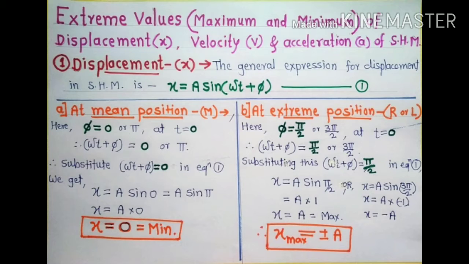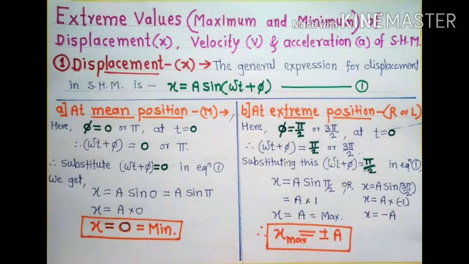Therefore omega t plus phi is equal to pi by 2 or 3 pi by 2, and therefore at this extreme position, to find the value of displacement, substitute omega t plus phi equal to pi by 2 in equation 1. Then we get x is equal to capital A sin pi by 2 or x is equal to capital A sin 3 pi by 2.